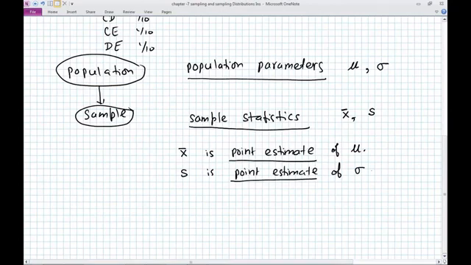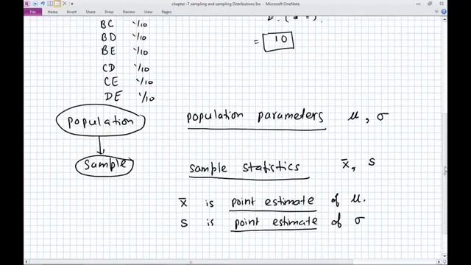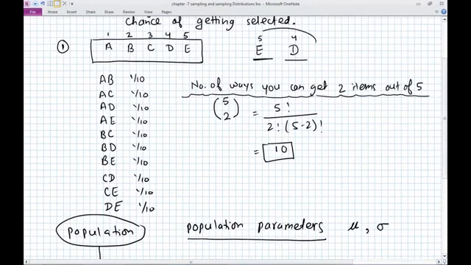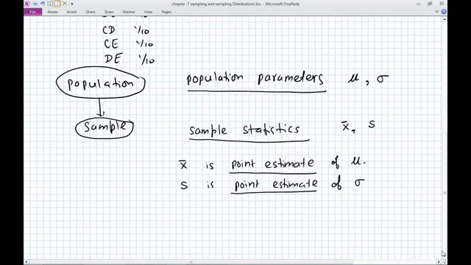Because there are so many different samples possible, for example, in the previous example, out of 10 possible, we just got one of them and it happened to be E and D. But we could have got AB also or AD also. So it's like, from 10 numbers, if you pick two numbers, you can get maybe 1 and 2 and your average may be 1.5, or you may get higher values like 9 and 10 just because of randomness.